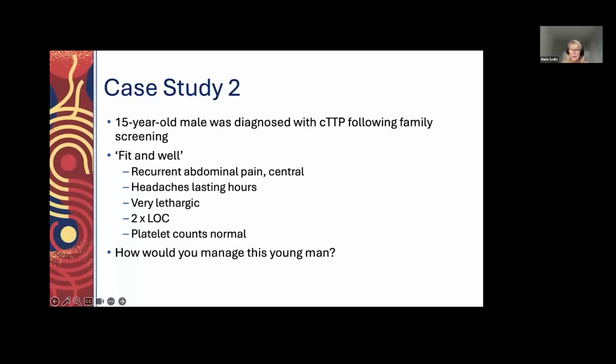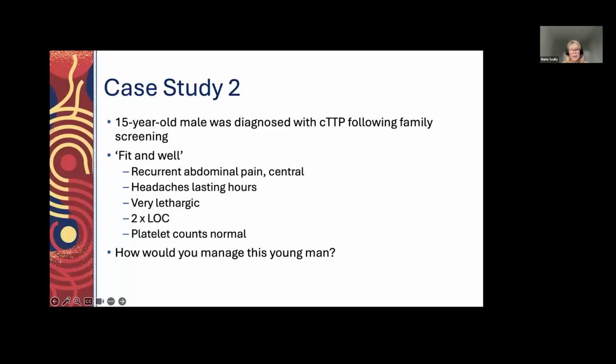He did have headaches, and these sometimes went on for hours or at low level for days. He felt very lethargic compared to his peers, and in fact, he had 2 episodes of loss of consciousness. But reviewing his platelet count on a number of occasions, this was completely within the normal range.